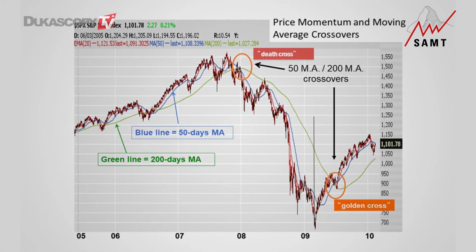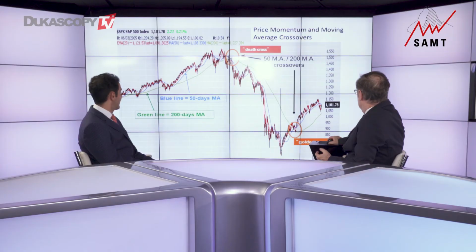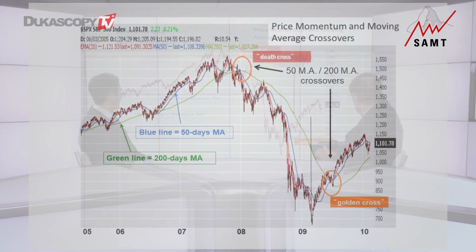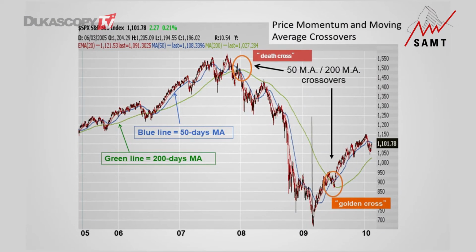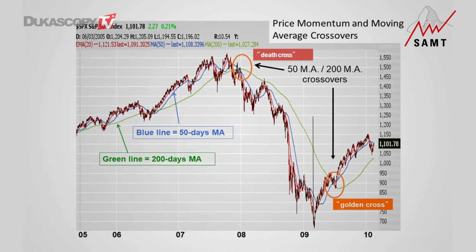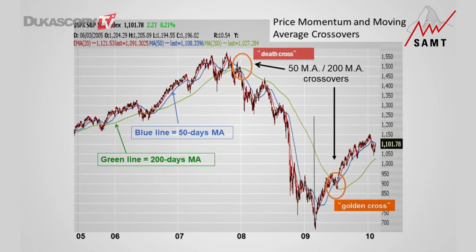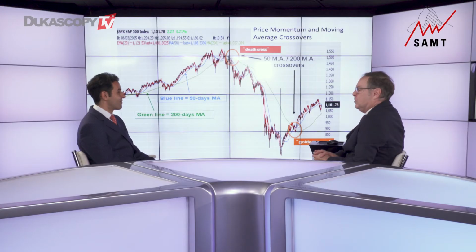Looking at this information, we can understand that the market is losing steam in terms of momentum. And we see at the middle of 2009 another signal, when the 50-day moving average goes above the 200-day moving average, showing another opportunity for traders to come back to the market again. We call this the golden cross. So a positive and negative signal using moving averages on the long-term and medium-term side.